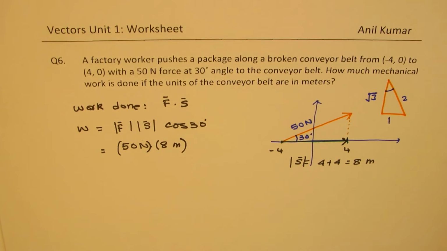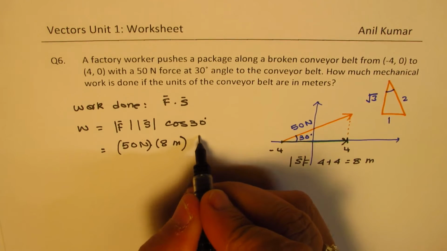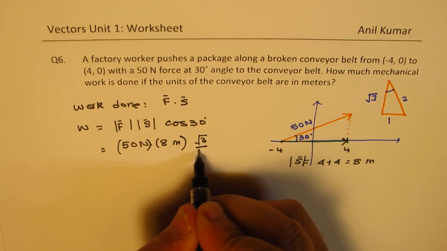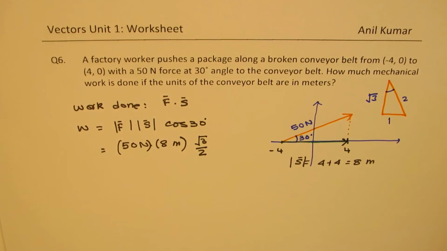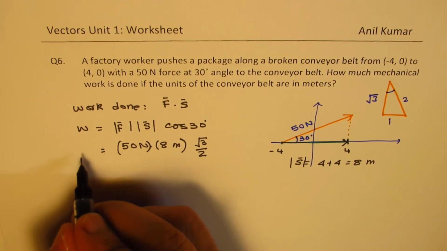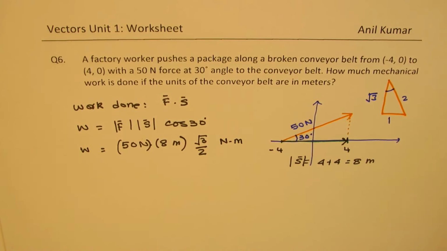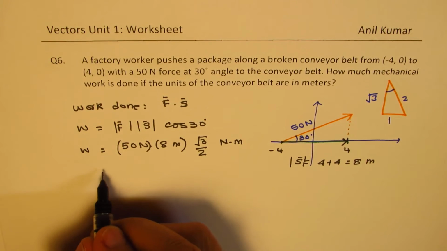So the cos component is basically square root 3 over 2. That becomes the magnitude, and the units will be Newton meters, or you can write joules.